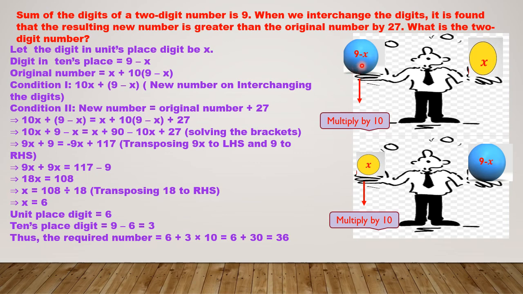9 minus 6 is 3 and you multiply 3 with 10, you get 30. Now you add 6, mind well, here it is plus 6, 30 plus 6 is 36.